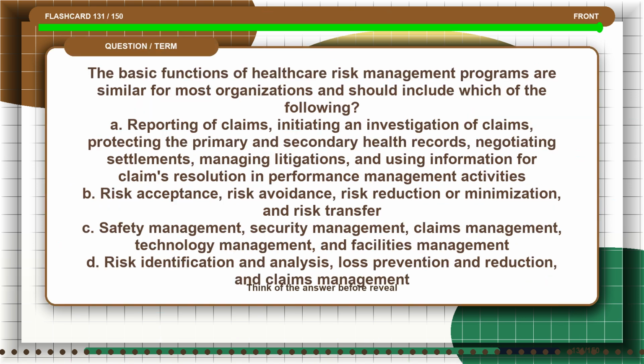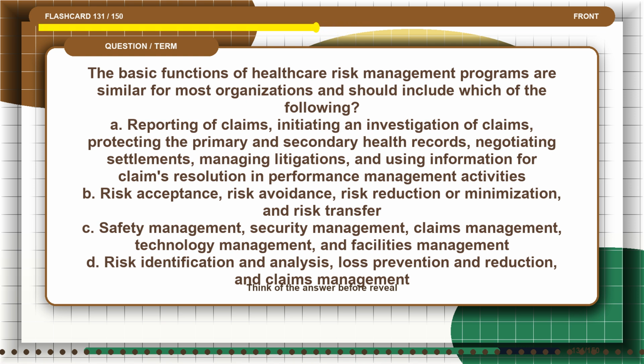Flashcard 131. The basic functions of healthcare risk management programs are similar for most organizations and should include which of the following? A. Reporting of claims, initiating an investigation of claims, protecting the primary and secondary health records, negotiating settlements, managing litigations, and using information for claims resolution and performance management activities.